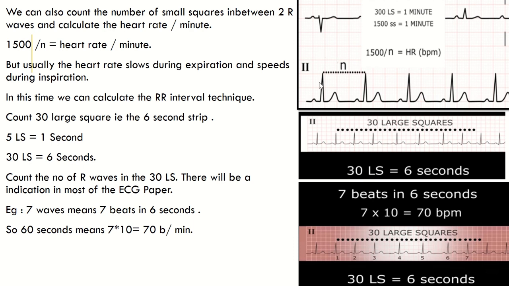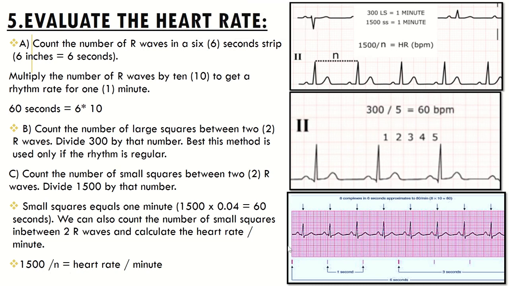In an ECG paper, there is a 6 second strip. It is like 1 second each, 1, 2, 3, 4, 5, 6. So a line marking will be given in the ECG paper, marking 6 seconds, and it takes around 30 large squares. I'll show you a picture. As you can see here, markings are given.